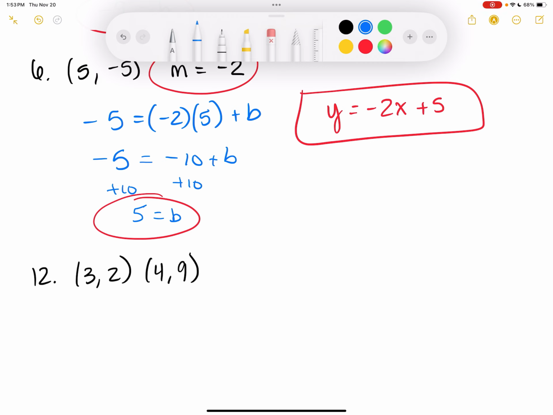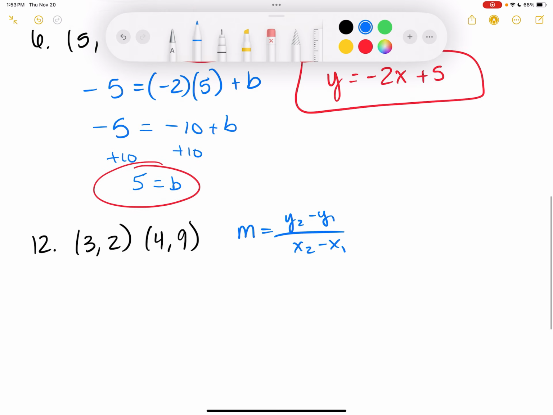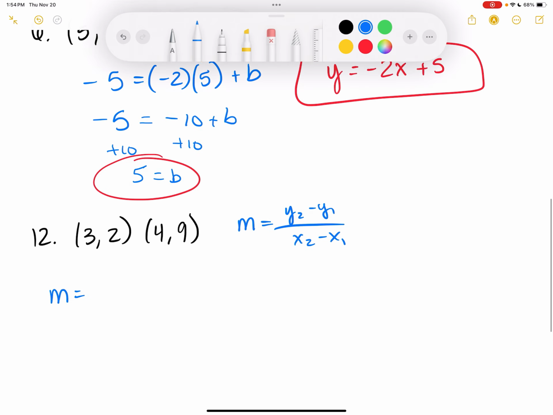Just as a refresher, m = (y2 - y1)/(x2 - x1). So slope is (9 - 2)/(4 - 3). So that ends up just giving me 7 over 1, which is just 7.